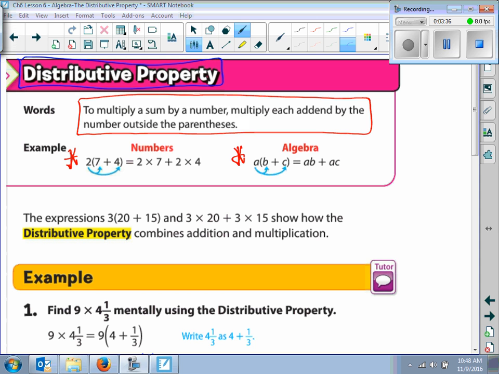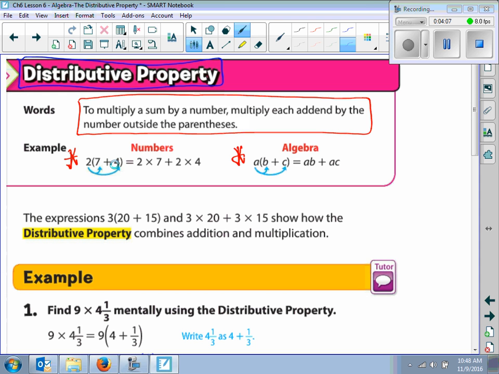All right, so in the first example, we have 2 times a quantity, 7 plus 4. With the distributive property, you're going to take that 2 that's on the outside, and you're going to multiply it times everything on the inside. So here you have 2 times 7. That gives me 14. Then I have 2 times 4. That gives me 8. And then, to simplify further, I would add the 14 plus the 8.